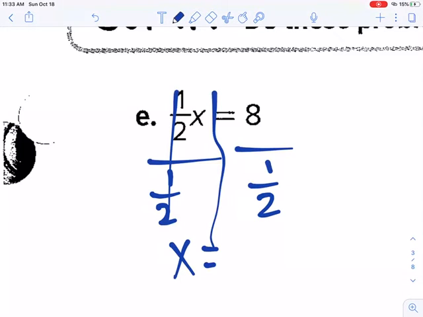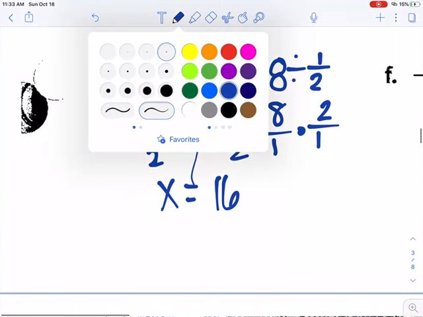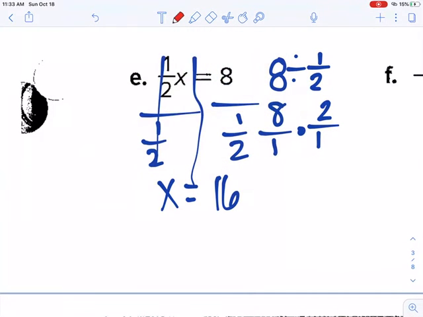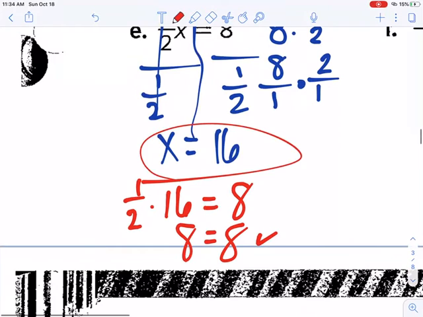You can plug that into your calculator, but also know that when you divide by fractions, it's the keep, change, flip method. So division to multiplication, we're going to flip this to 2/1. 8 times 2 is 16. Now let's see if that actually works out by checking it. 1/2 times 16, does that give you 8? Well, half of 16 is 8. So we know 16 is a good answer.